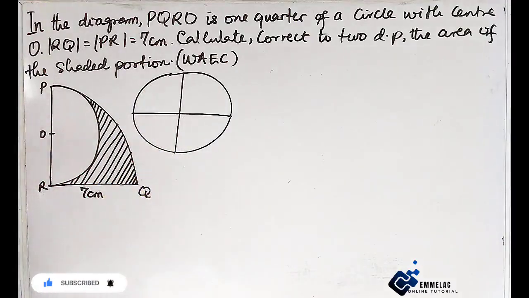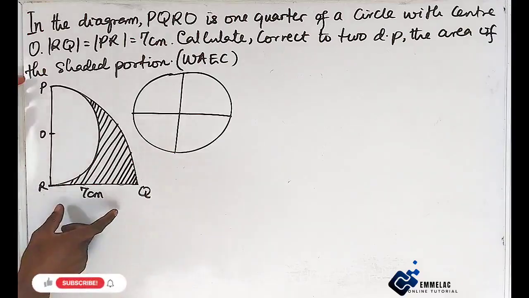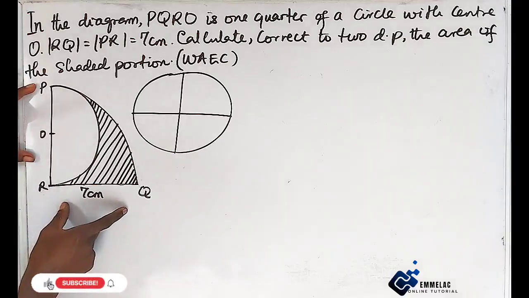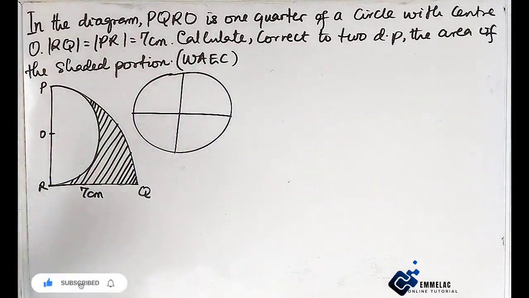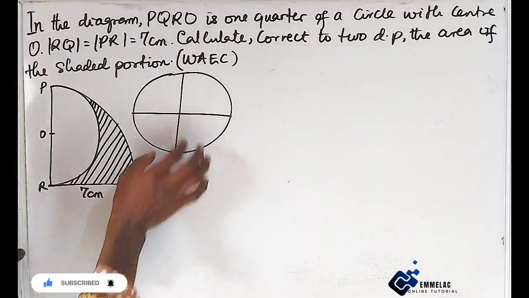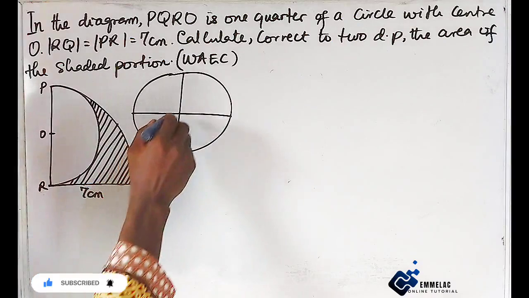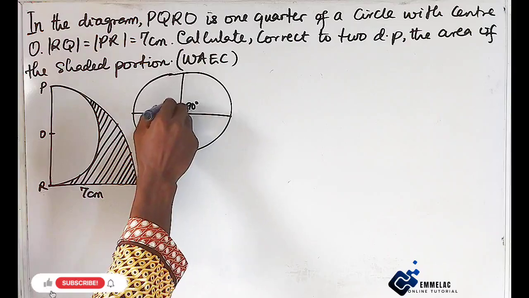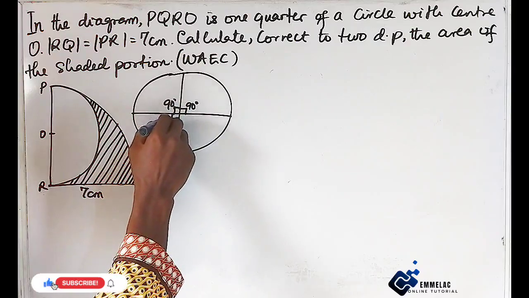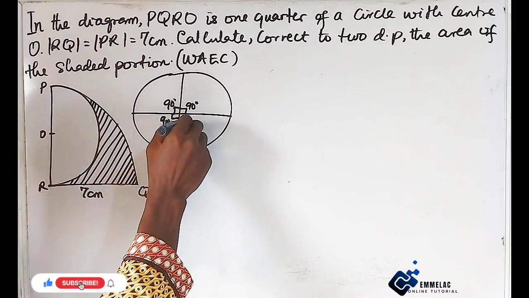It implies that the whole of this shape here is one of this. Since it is a quarter, it also implies that here is 90 degree, here 90 degree, here 90 degree, here 90 degree.